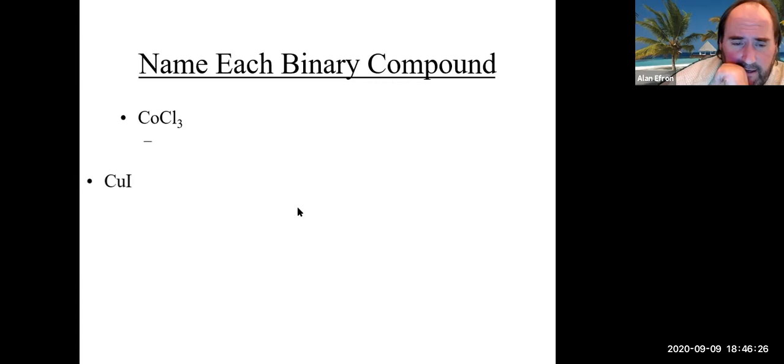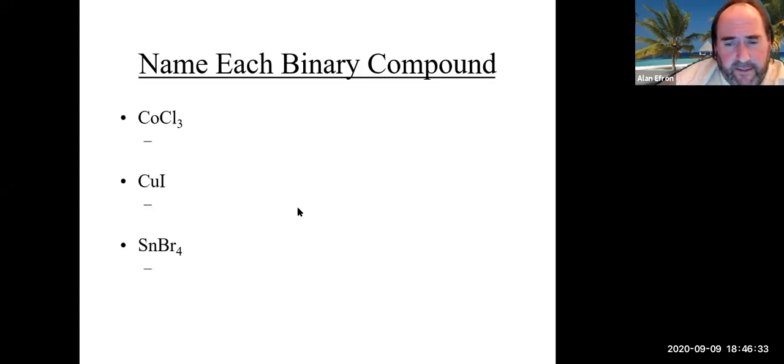So why don't you take a couple of minutes here and give the proper names for those, and I'll give you some names you can write the formulas for. So let's go with it.